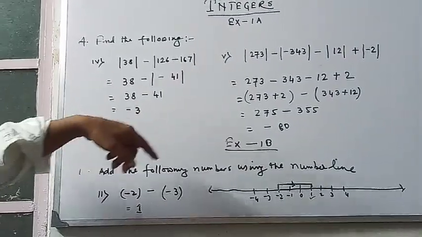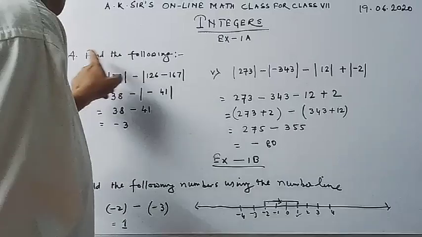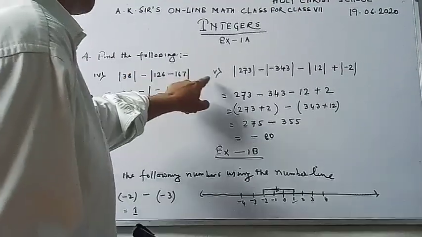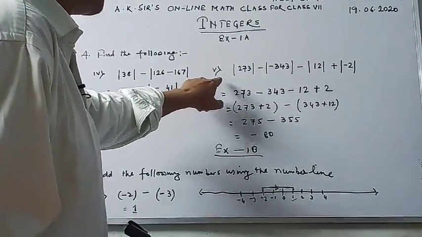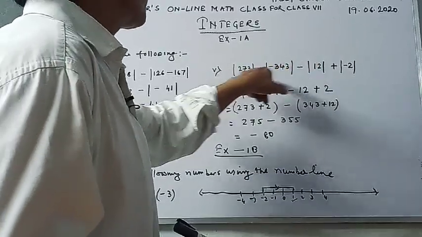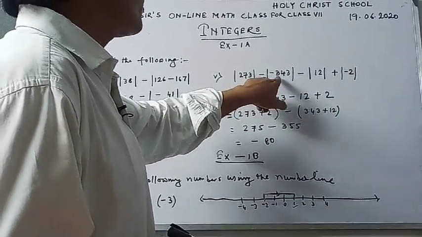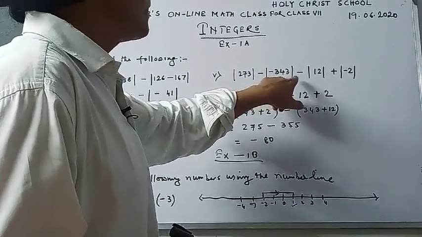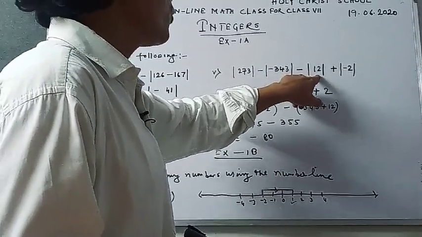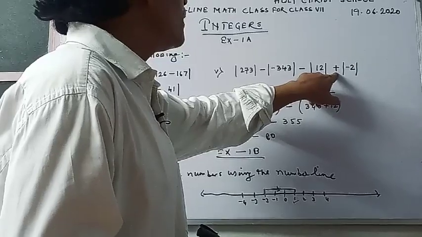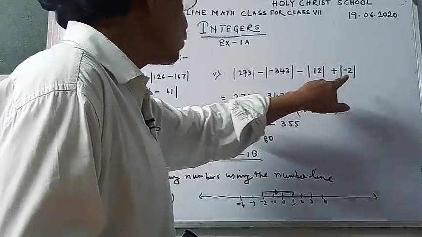Okay, next sum number 4 part 5. Find the value of this: absolute value of 273 minus absolute value of minus 343 minus absolute value of 12 plus absolute value of minus 2.